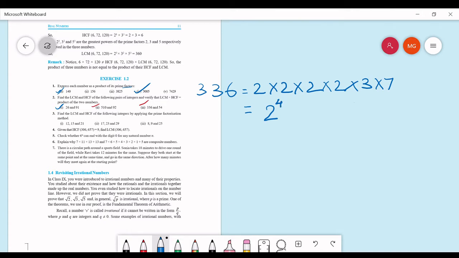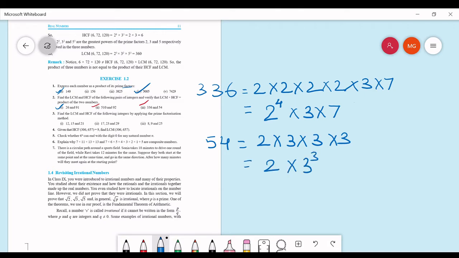This is 4. So 2 to power 4 multiplied by 3 and multiplied by 7. And your second number was 54. 54 can be written as 2 multiplied by 3 multiplied by 3 multiplied by 3, right? And you can write this as 2 multiplied by 3 to power 3, right?